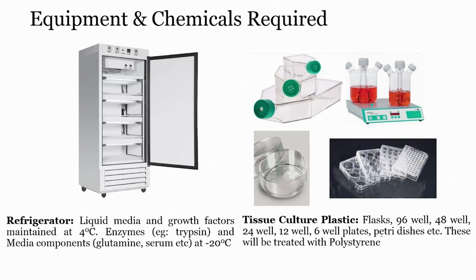And then there are petri dishes, etc. All these things are treated with polystyrene, and then you have flasks, you can see here a T75 flask, T25 flask. These are the flasks for handling your cells and growing your cells in a controlled environment.